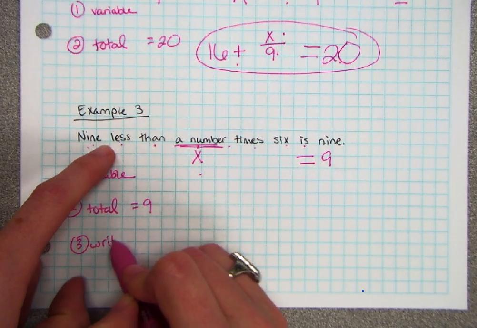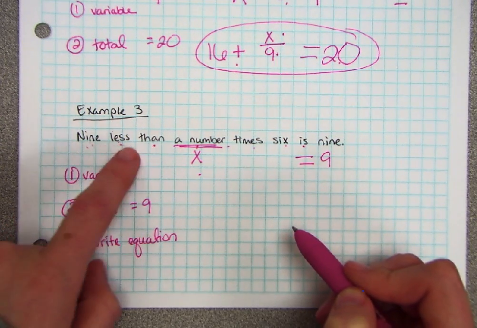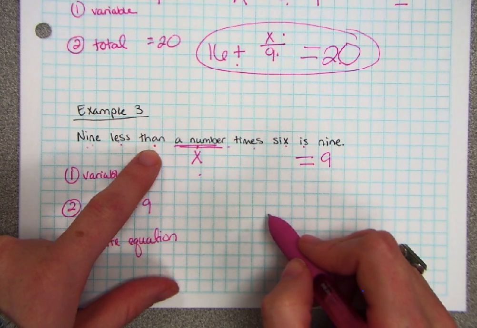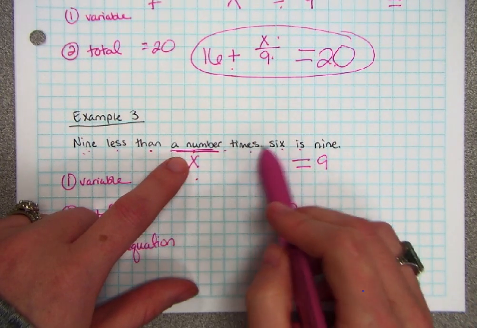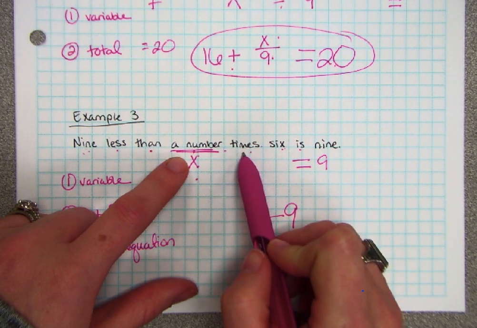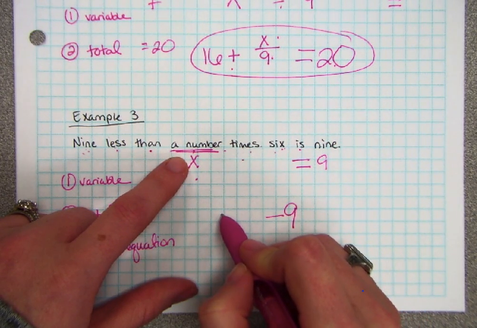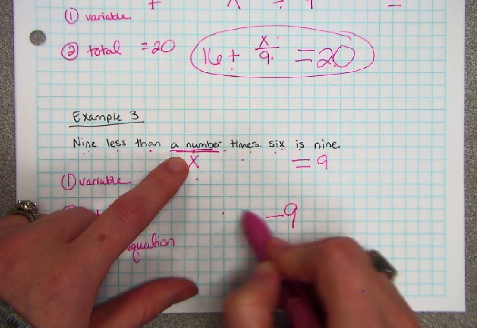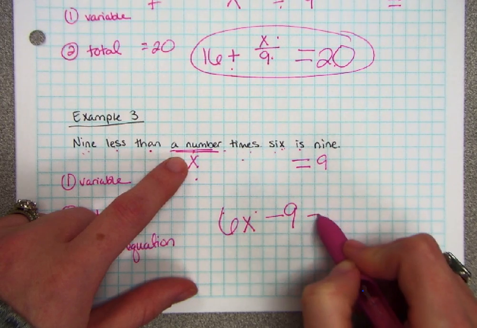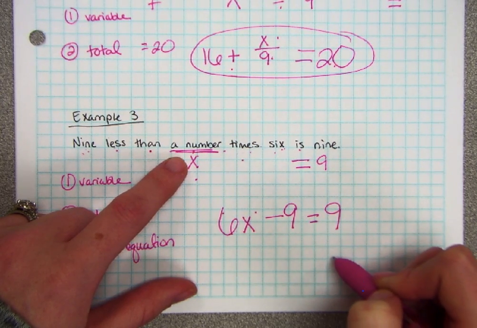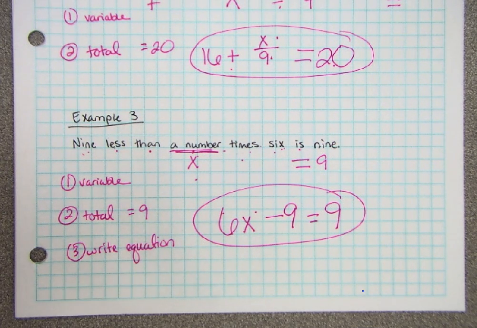Write your equation. 9 less than. So it's something minus 9 because it's 9 less than something else. A number times 6. Remember when we write multiplying with equations, we write the constant and the variable beside each other. So 6 times x is 9. All right, perfect. So that's how we write those equations.